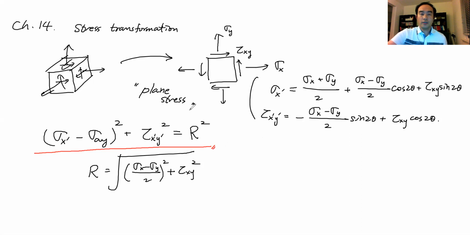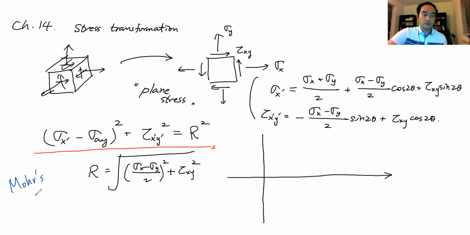So we can easily draw a circle to explain these different states of stress. By the way, the name of this circle is Mohr's circle.